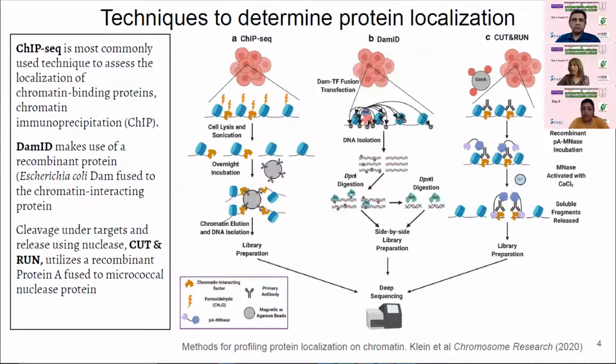So this first one is ChIP-seq. So this is the most commonly used technique which assesses the localization of chromatin binding proteins. And in this, first the cross-linking of the proteins to the DNA is done, and after this, the cell lysis and sonication is done. So, after the cell lysis and sonication, we have the 2 types of sites where the transcription factor is bound to the DNA, and wherever the transcription factor is not bound to the DNA.